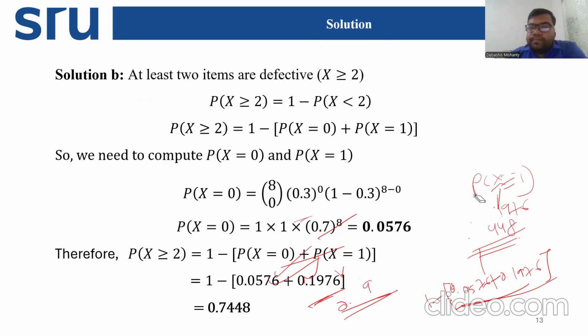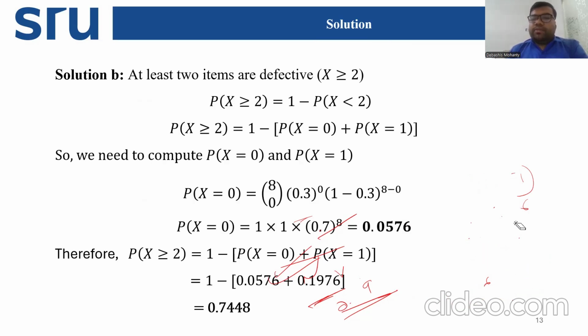Now, coming to the main point, we need to calculate the probability of x greater than or equal to 2. To calculate that, we need to find 1 minus that value. So this is the value actually.